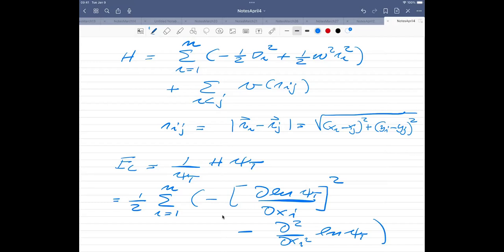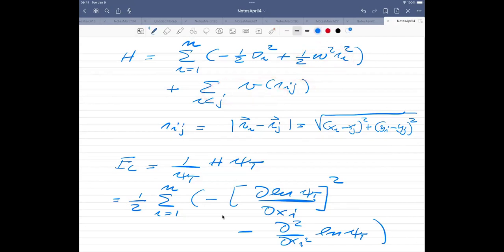And then the next term is just the harmonic oscillator part plus the interaction itself, because the harmonic oscillator part, which we have here, does not change the wave function. So that means that I can just take this sum here and this sum here.